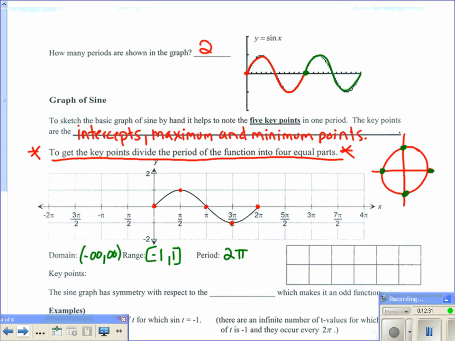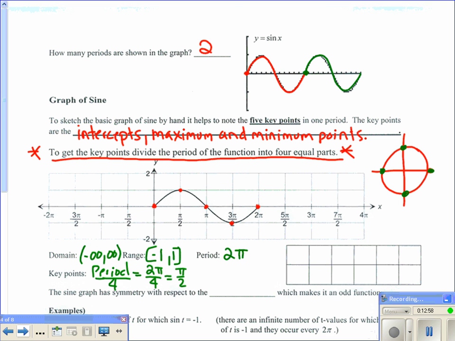So the key points again: you're going to take your period and divide it by 4 for your key points. In this case, that gives me pi over 2. That means every pi over 2, starting from 0, I'm going to get a key point on my graph.